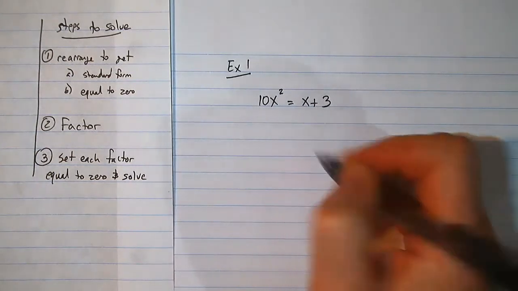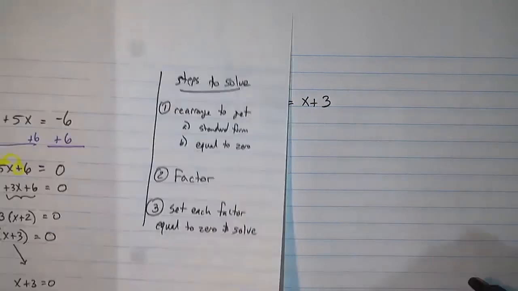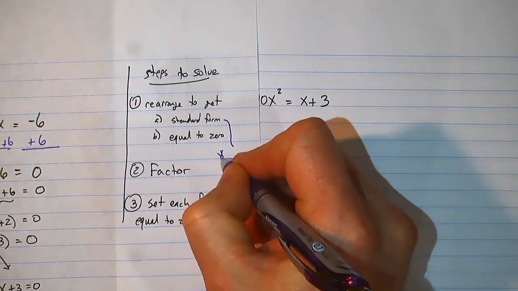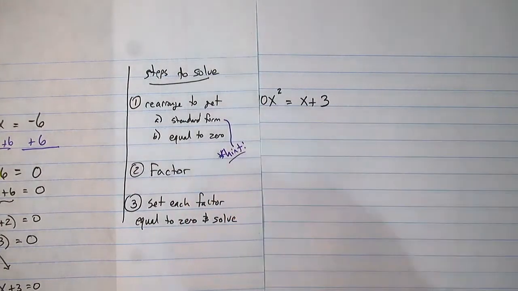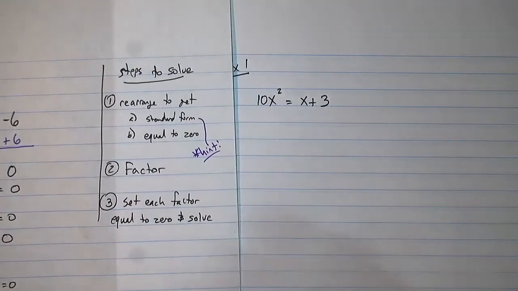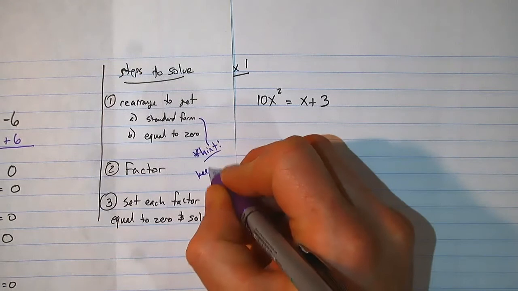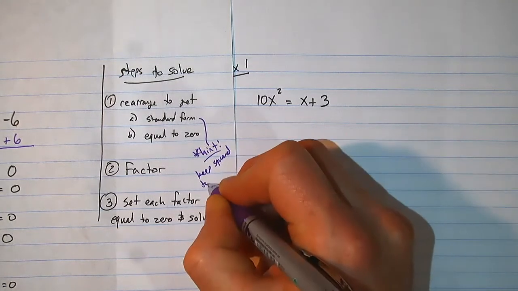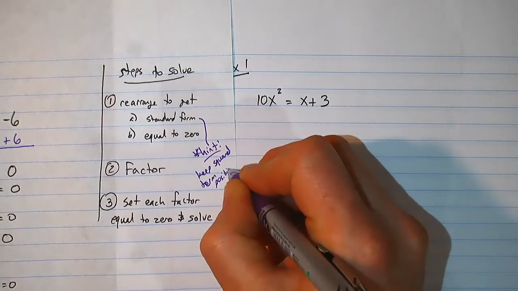When we put it in standard form, here's a little hint that I'm going to tell you. I have found that it's always easier if you keep the squared term positive.